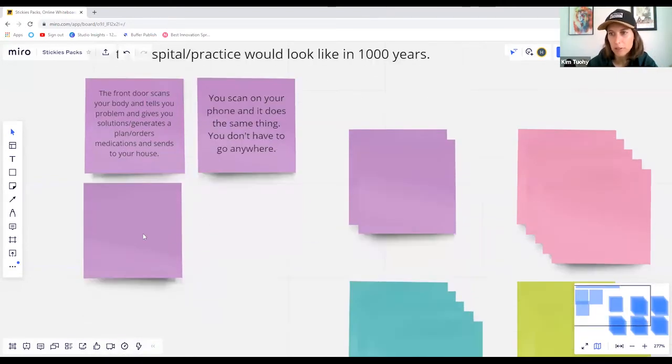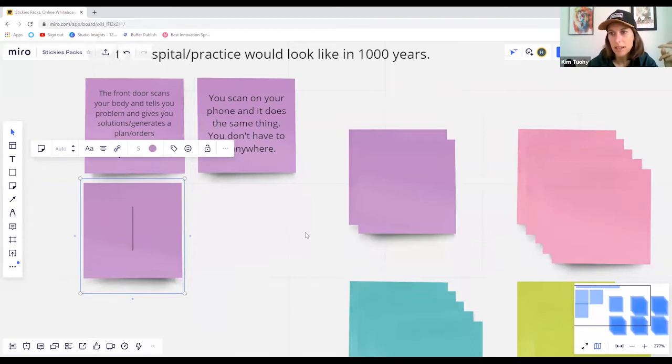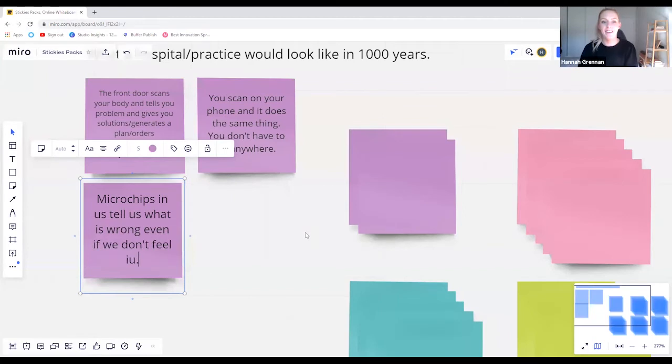We might have microchips in us that pick up some sensation or abnormality in your body, and it does all this behind the scenes. So maybe practices don't exist.